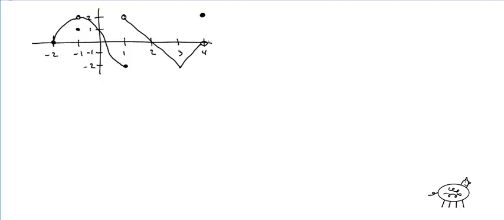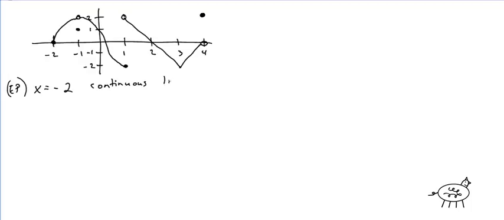The first one is x equals -2, which is an endpoint. Is it continuous there, or is it discontinuous? At x equals -2, it's continuous.